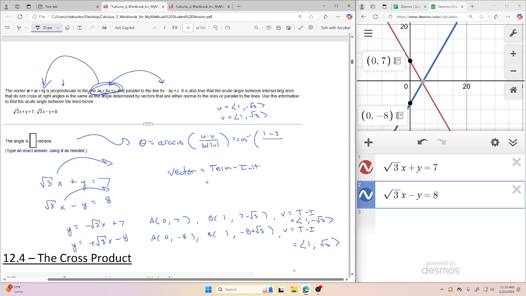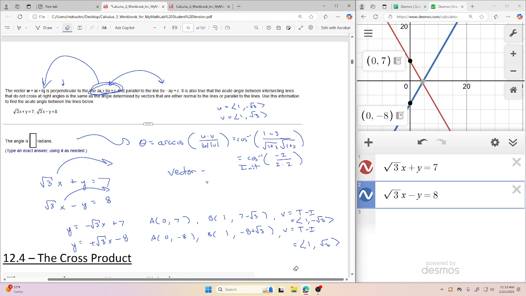In the bottom, magnitude. So I have the square root of 1 plus 3 twice. And what is the square root of 1 plus 3? Yep. So I got negative 2 over 2 times 2. Isn't that right?